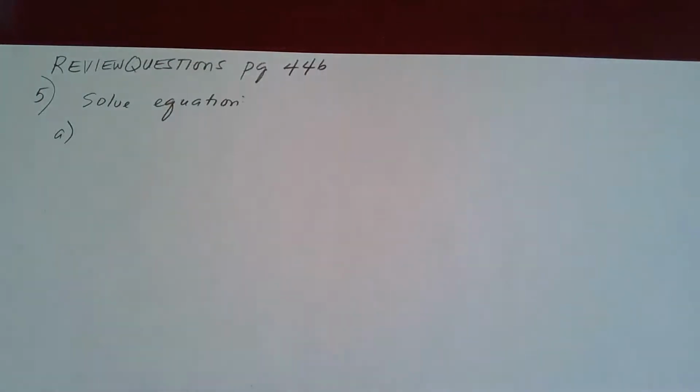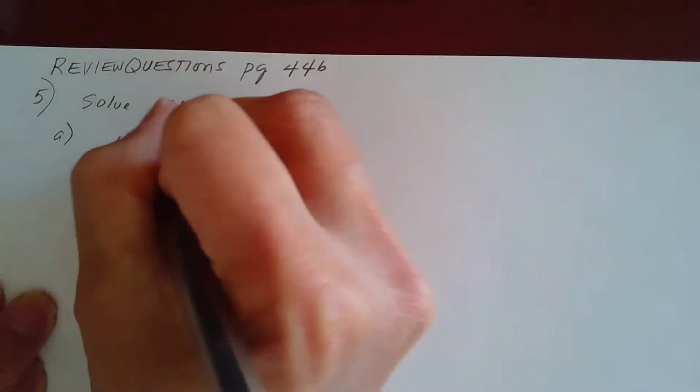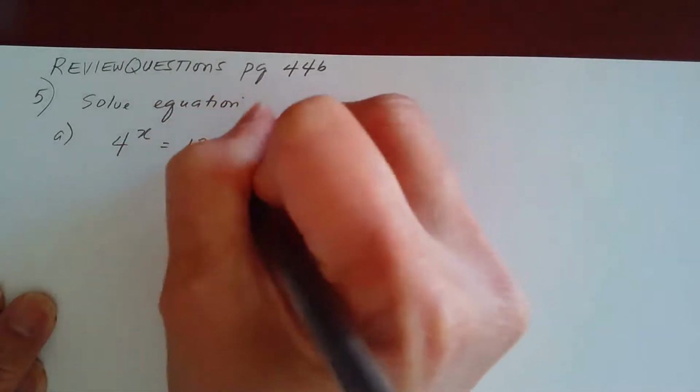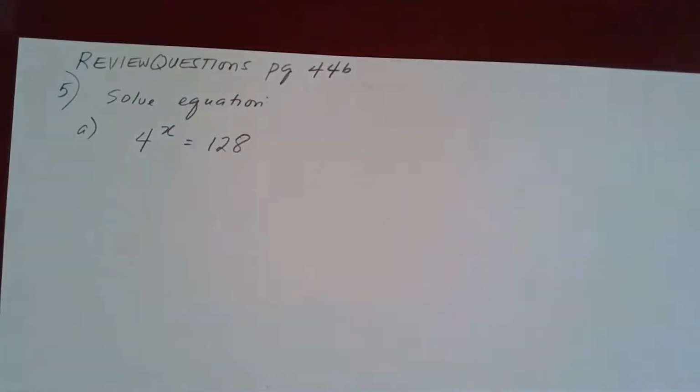The very first one says solve the equation 4 to the x equals 128. Now, how do we go with this one here? Two ways we can solve this equation. If we can write it as the same base, that would be great. And if not, we have to use the logarithm.